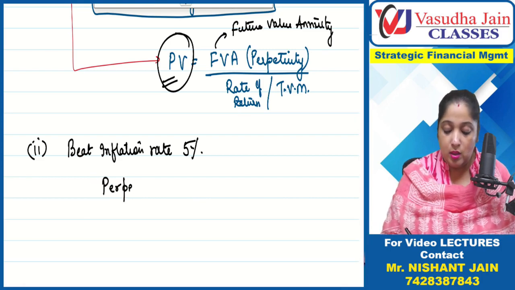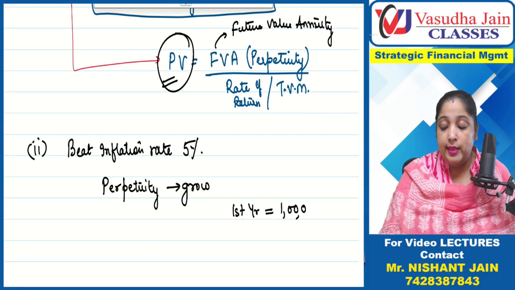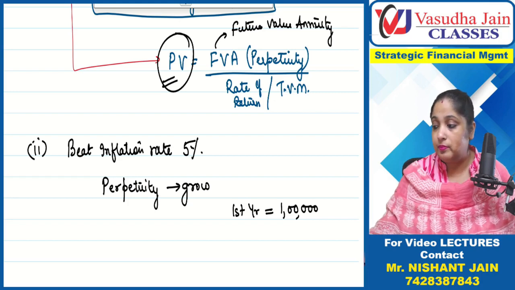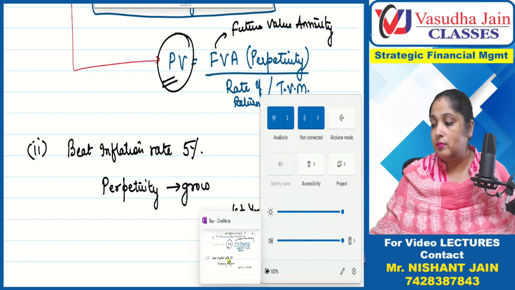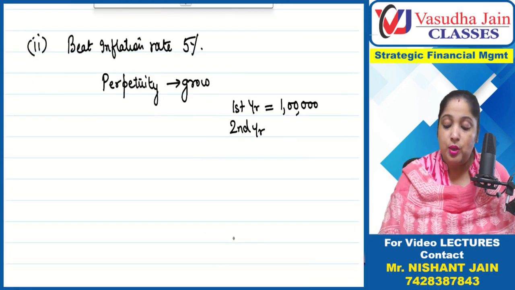That means if in the first year I am able to receive 1 lakh from the bank, then in the second year this amount should increase by 5%. So second year I should get 1,05,000.